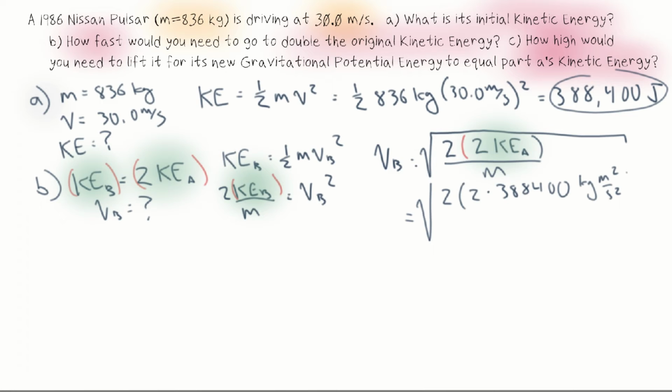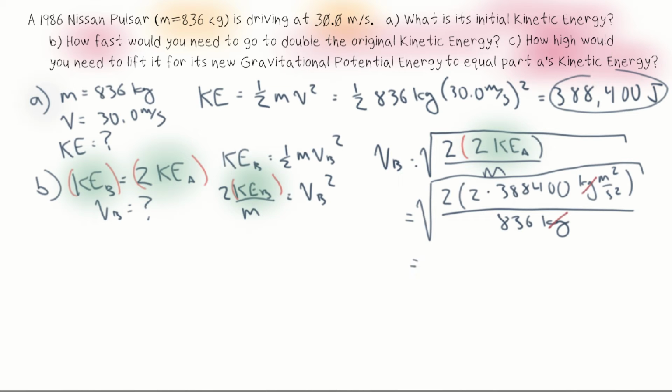That is joule converted to its base units. And then we are dividing by the mass, which is 836 kilograms. And what we can see is kilograms cancel with kilograms, leaves us with meter squared per second squared under a square root. So the square root of meter squared per second squared is meters per second.